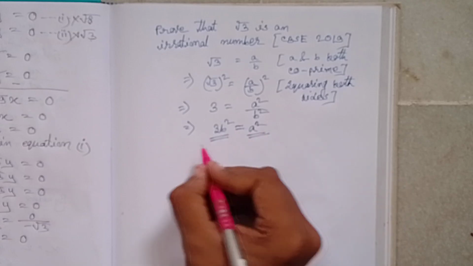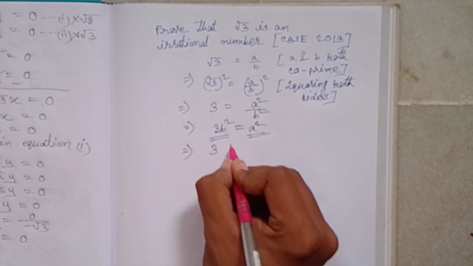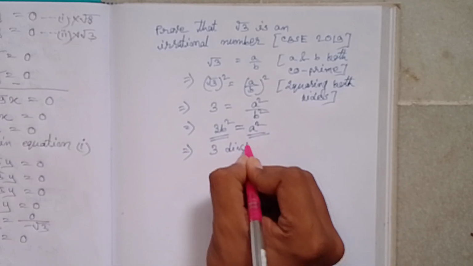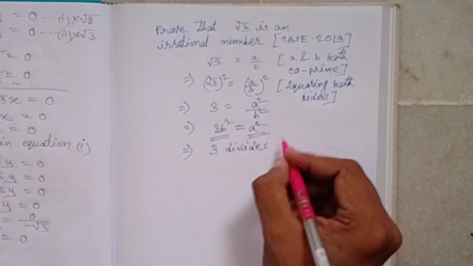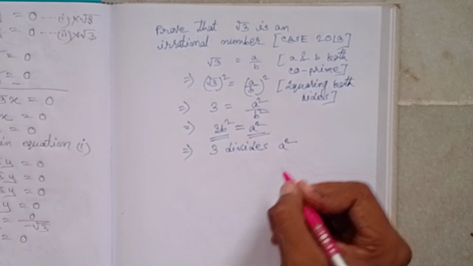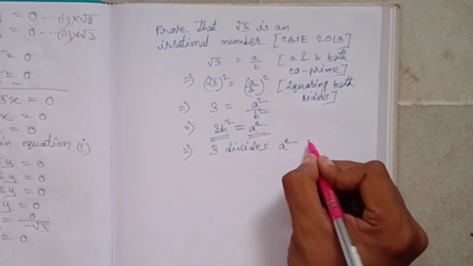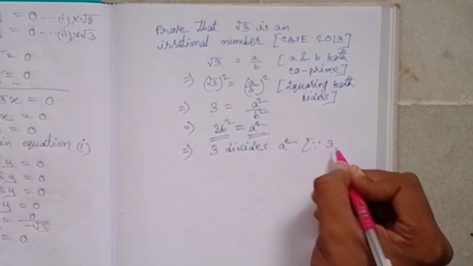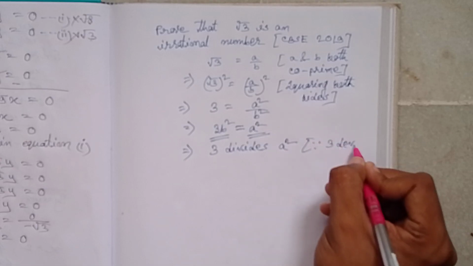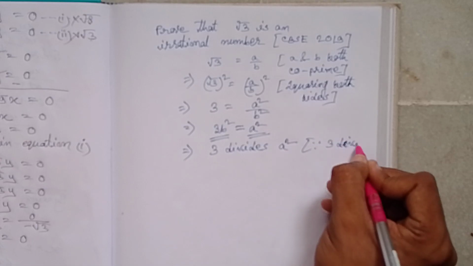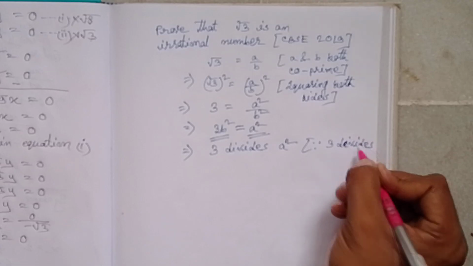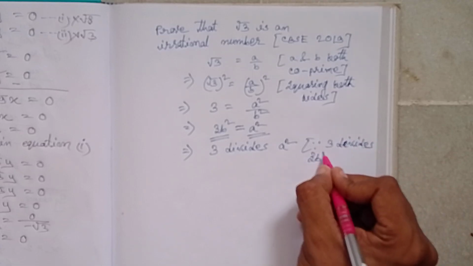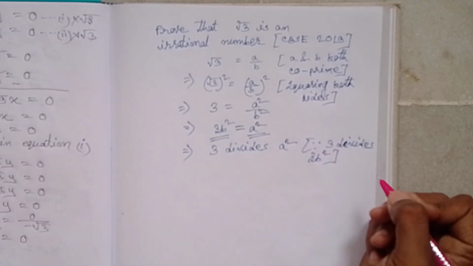So we can write 3 divides a square as 3 divides 3b square.